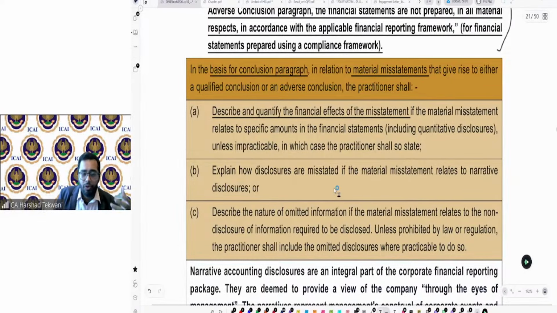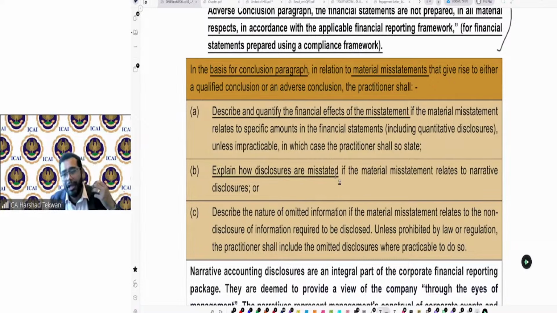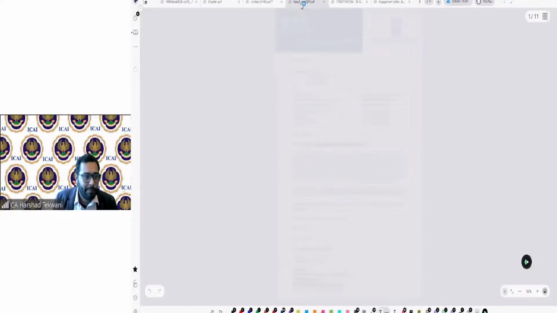If there is a disclosure, then explain how the disclosures are misstated. If there is a financial statement item, then quantify the detail. If there is a disclosure missing or something related to the disclosure, then specify the disclosure. If some information is omitted, describe the nature of the information omitted. Let us see in our example how it was.